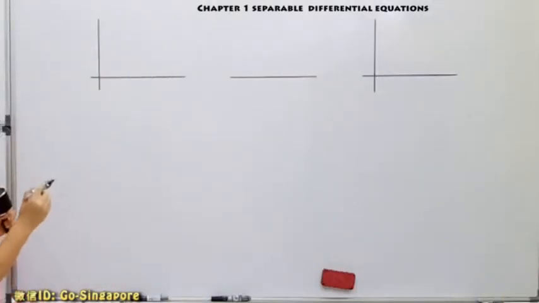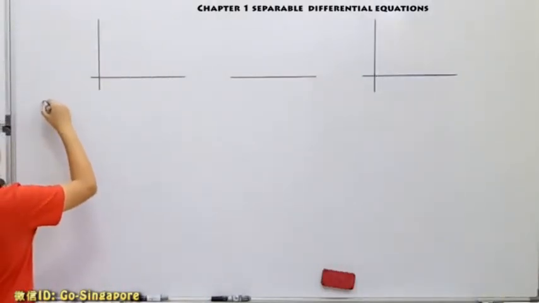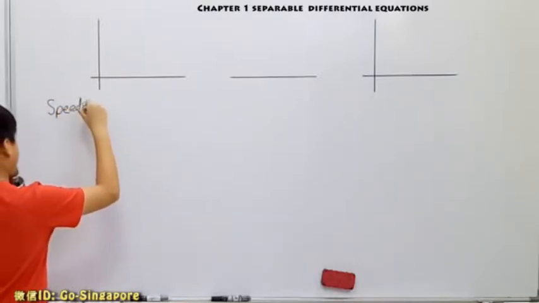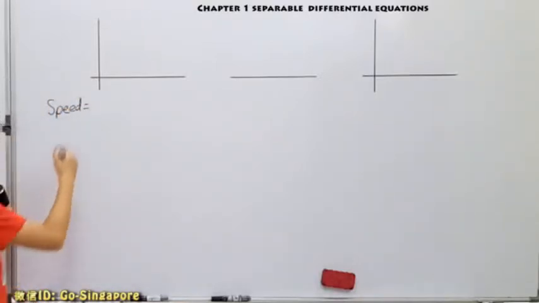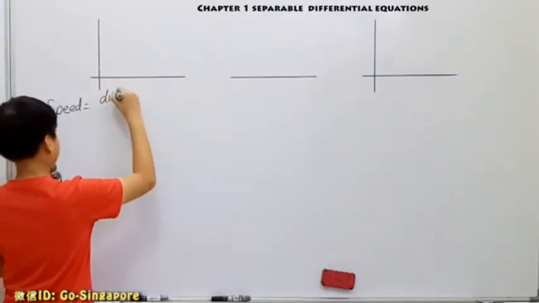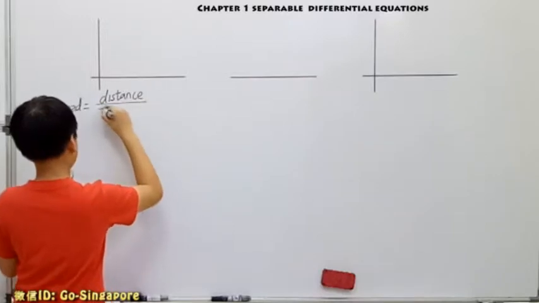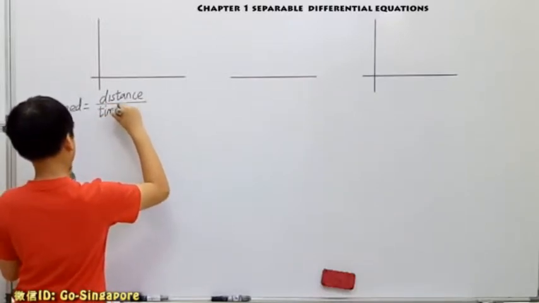Last time we studied the primary school speed. This speed is the distance divided by the time taken.